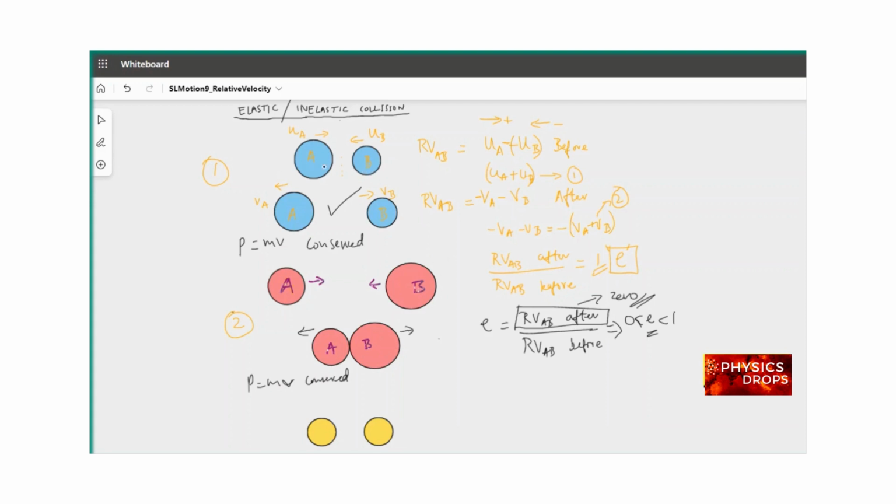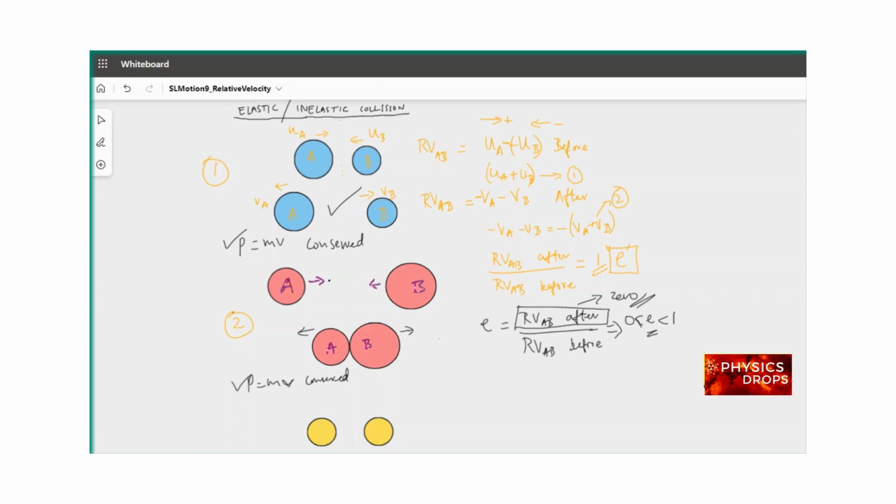A and B together are the system, and there is no external impulse or force acting on them. That is the condition here. Same as the second scenario. A and B are part of the system, and there is no other external force or impulse acting on the system. In such cases, the momentum in both cases is conserved.